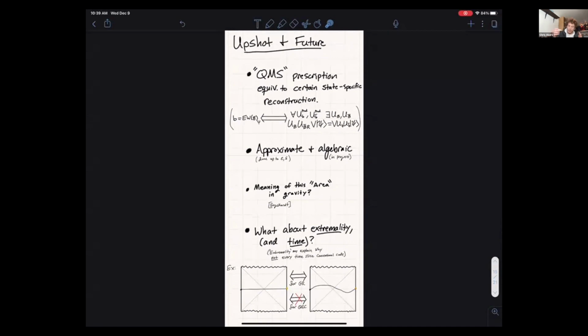I showed you the exact theorem, but we also have the approximate theorem, which I emphasize because the approximate version is the more interesting case. So it's good that we have that. It's done, but we haven't nailed down the epsilons and deltas. The algebraic version is in progress. There are some interesting subtleties there, like what Daniel was hinting at earlier.